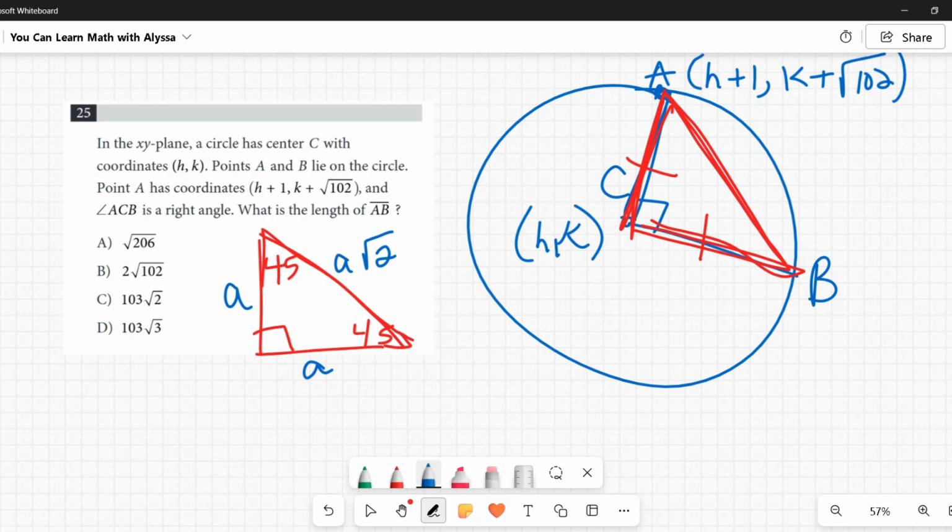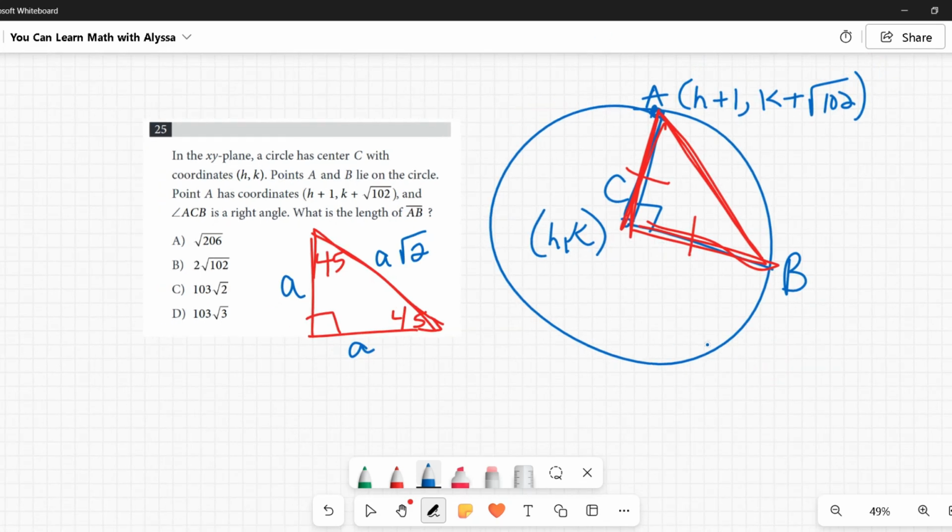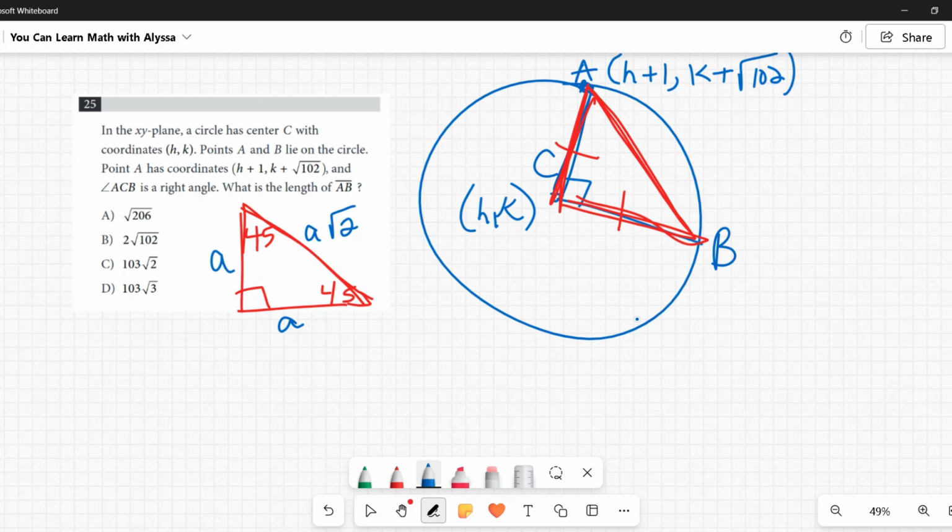All right, going back to our triangle inside this circle. What I need to do is figure out this distance. How do I find the distance? We're going to use the distance formula. If you have two points, let's say x1, y1 and another point x2, y2, there is a formula that is itself derived from making a right triangle and using the Pythagorean theorem.